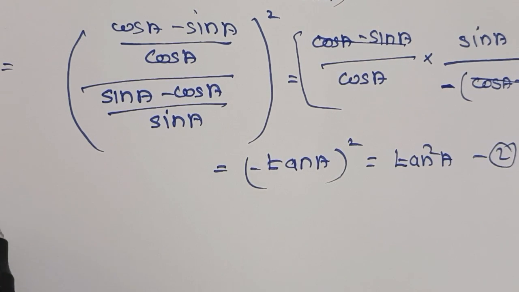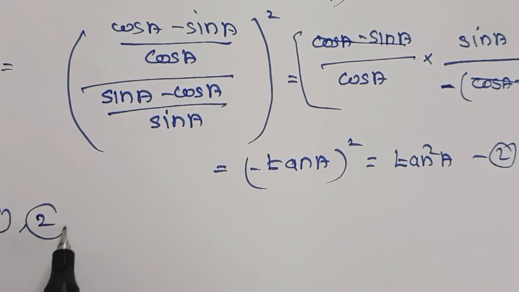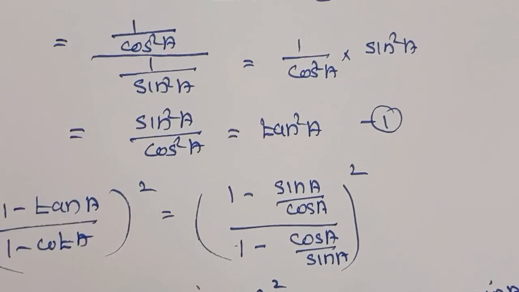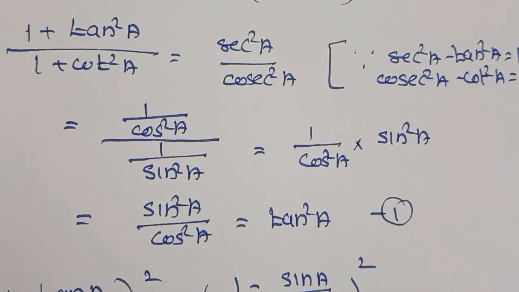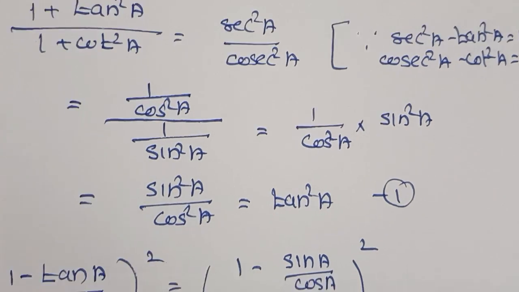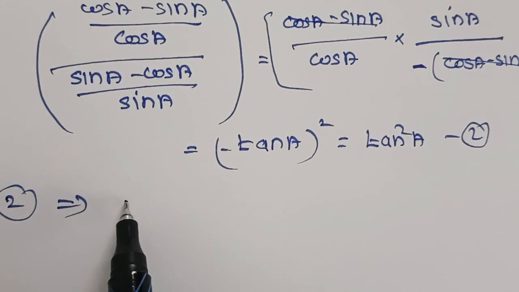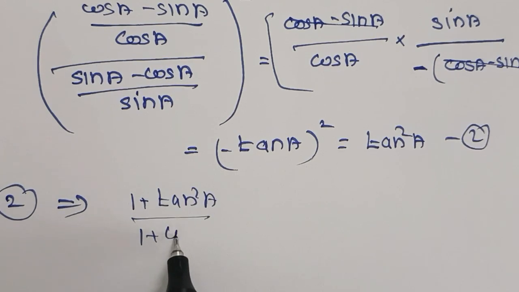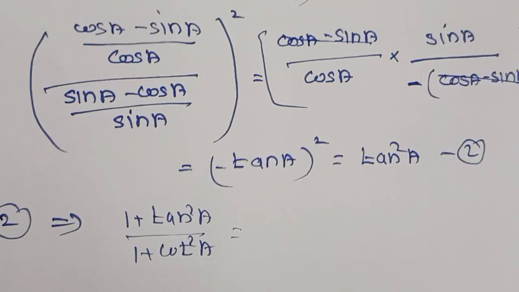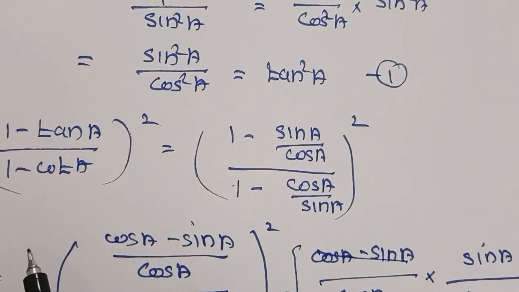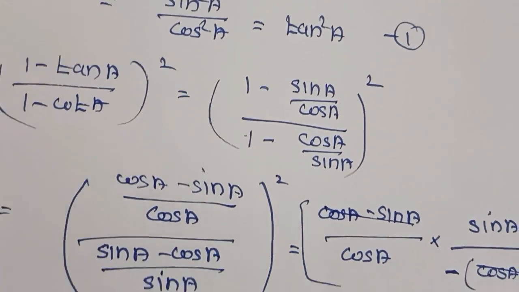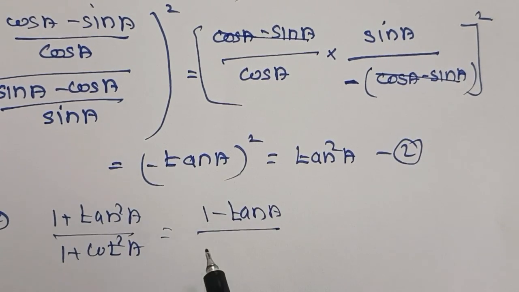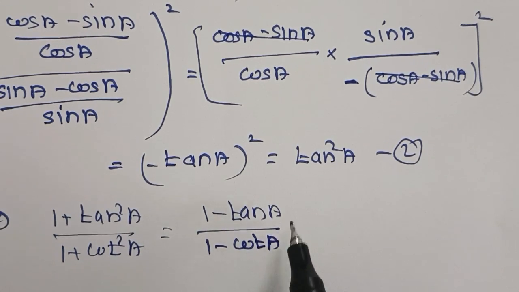Now from 1 and 2, we get the first expression, 1 plus tan square A by 1 plus cot square A, equal to the second one, 1 minus tan A by 1 minus cot A the whole square.